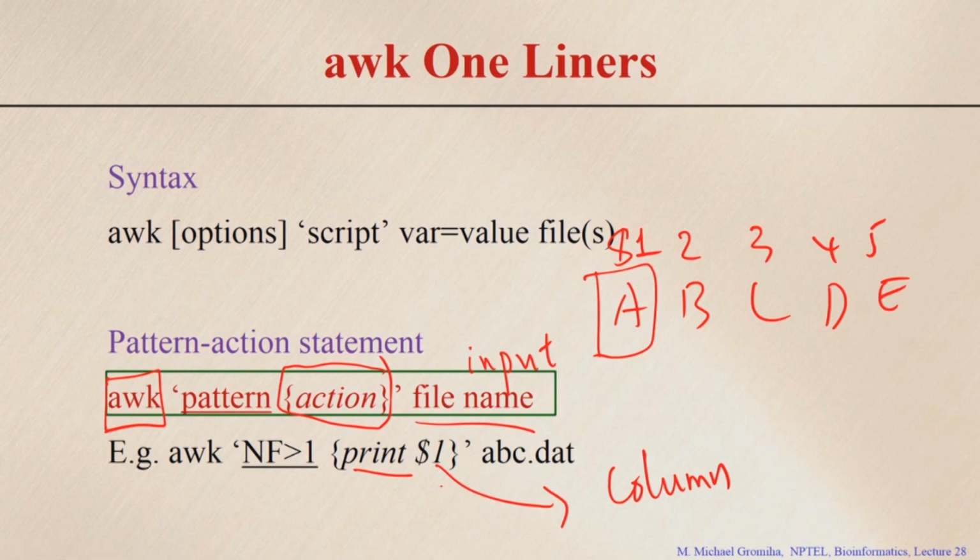Here it just says print, on the input file abc.date. It considers the condition n greater than 1; I will explain this later. It will check this condition in the file abc.date, and if it satisfies the condition, it will print the first column. This is the syntax for the pattern-action statement of awk.